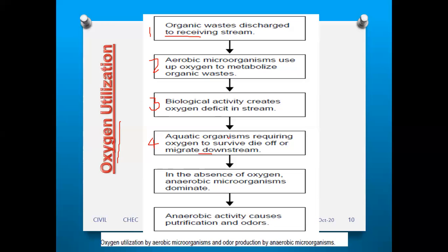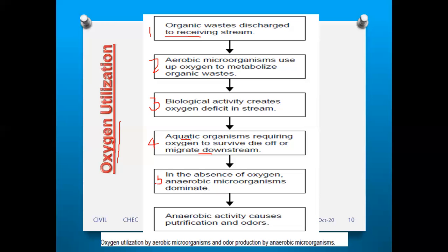So here the aquatic organisms require oxygen to live. If the microorganisms are produced in the water, these aquatic organisms have to survive because they have to produce waste, that is sludge or scum, so that it can be easily removed in the secondary treatment process.